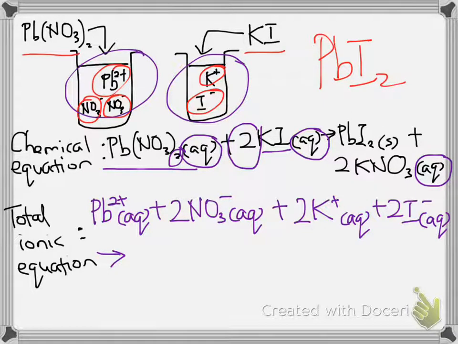Let us now look at the products. For the products, here we have PbI2 solid. Lead 2 iodide, as it is a solid, will not dissociate in water. Therefore, we will keep it as PbI2 solid in the ionic equation.